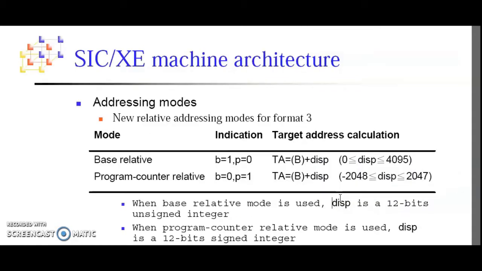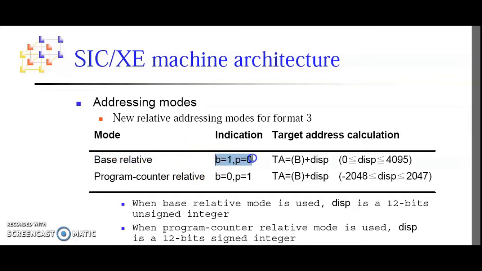Now coming to the addressing modes. In case of SIC machine architecture, we had only 2 addressing modes, that is direct and indexed. But here we have more addressing modes, starting with base relative and program counter relative.